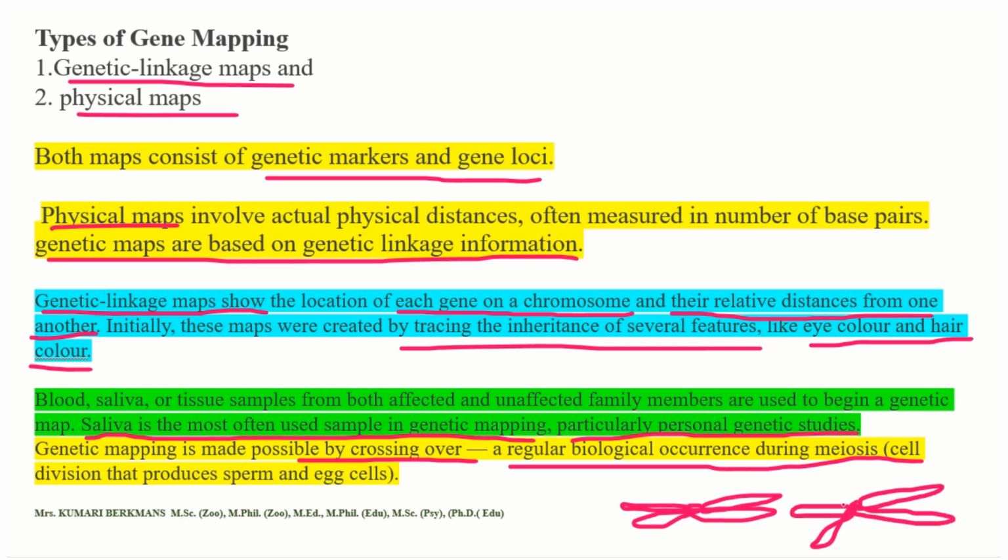This stage is called the tetrad, because it looks like four chromatids, but it is two chromatids joined at the center.